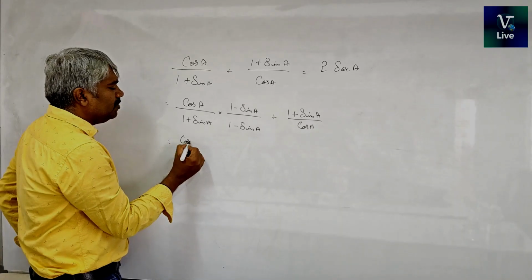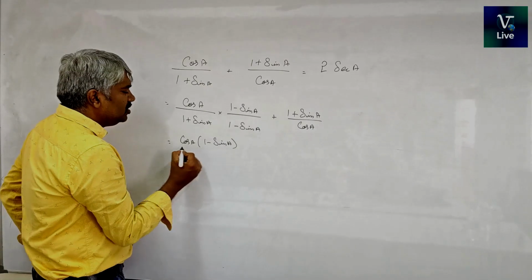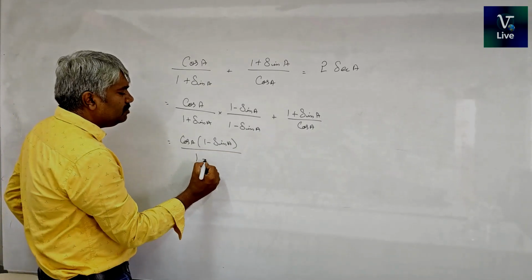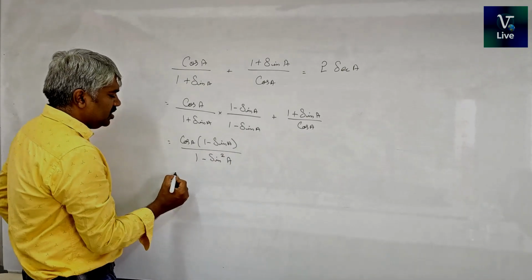So cos A into 1 minus sin A divided by, this is of the form A plus B into A minus B, which is A square minus B square, right?